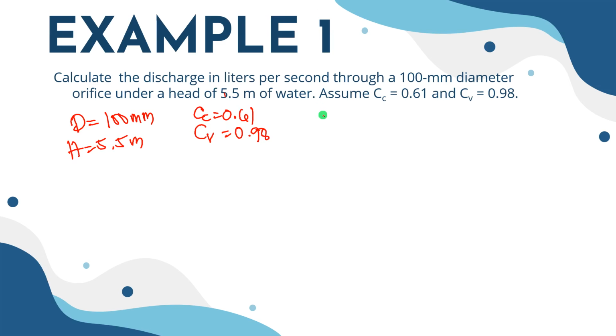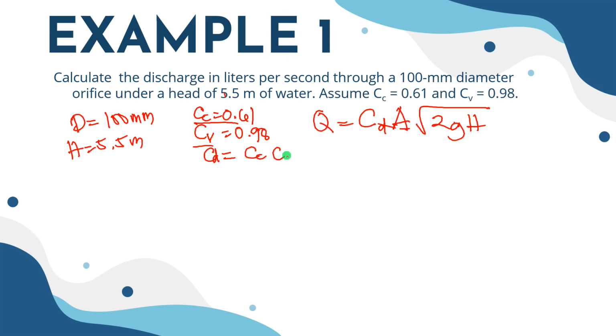So again, the actual discharge is equal to the coefficient of discharge multiplied by the area and the square root of 2gh, or the theoretical velocity. The coefficient of discharge is equal to the product of the coefficient of contraction and the coefficient of velocity.